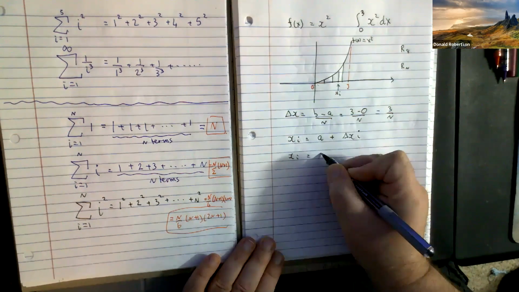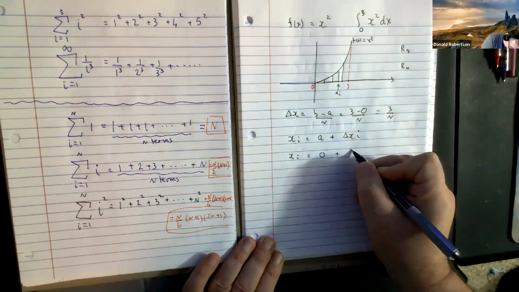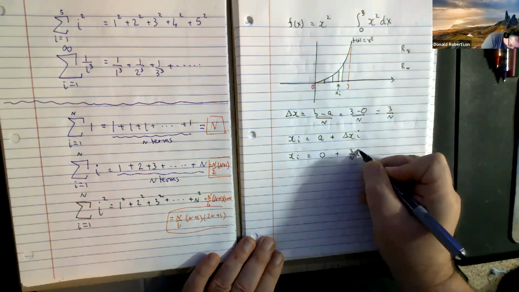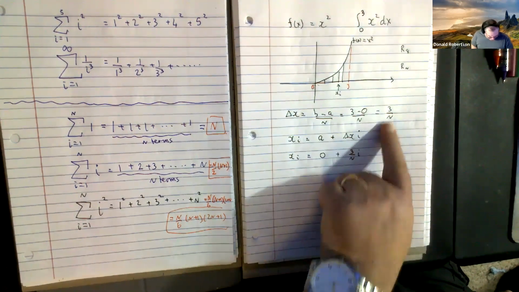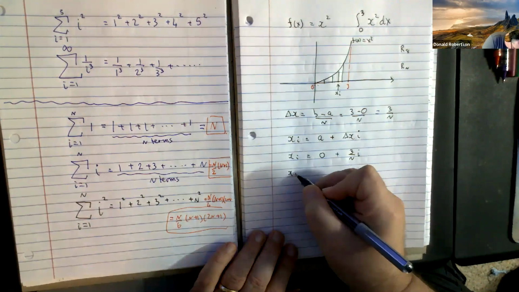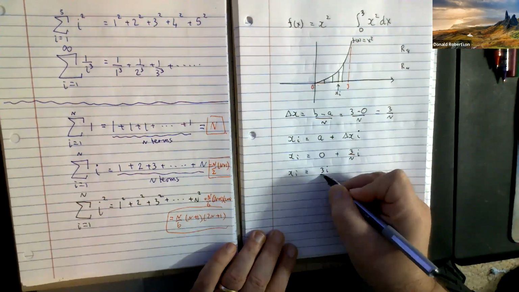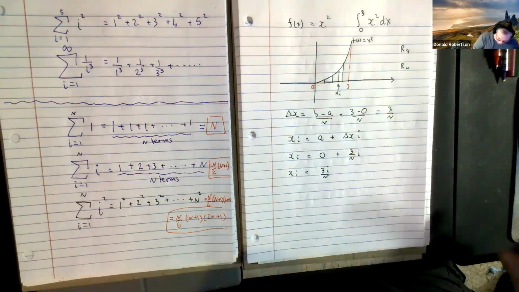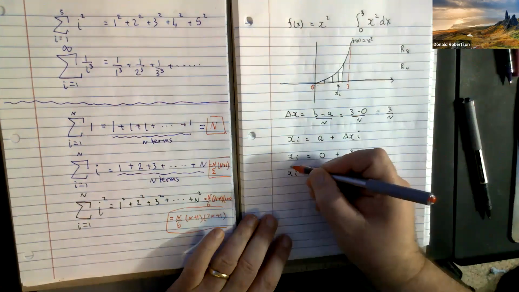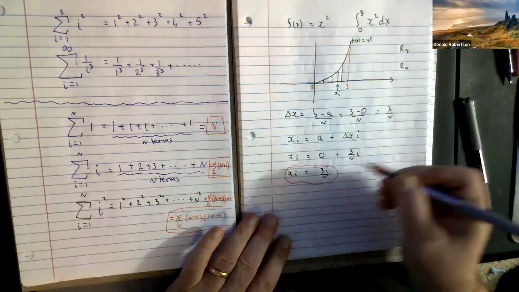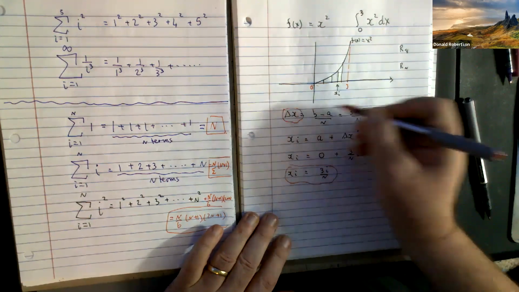Since in this case a is 0 and delta x is 3 over n, we now have xi, and it's, I guess, that one. So start putting circles around important pieces. That one's important, and that one's important.